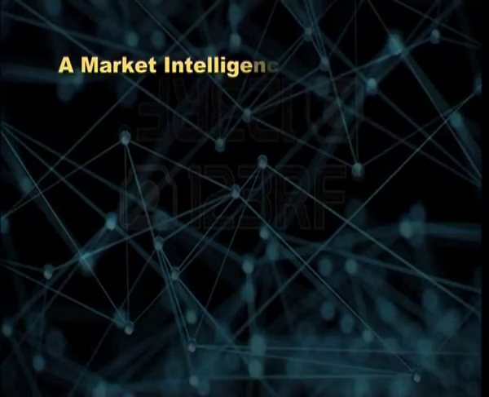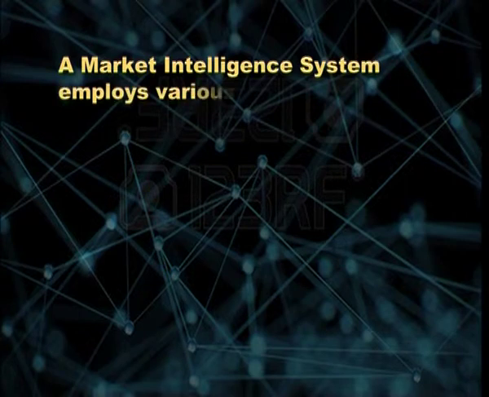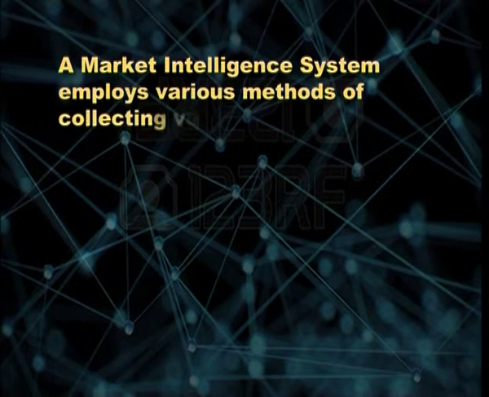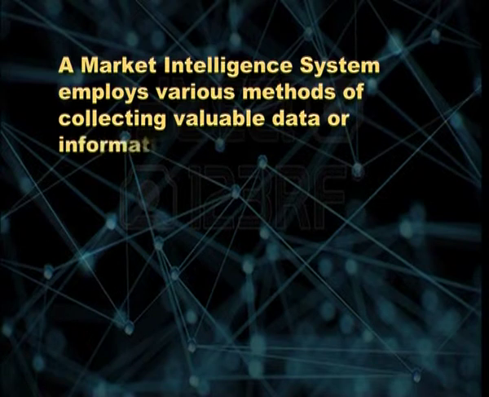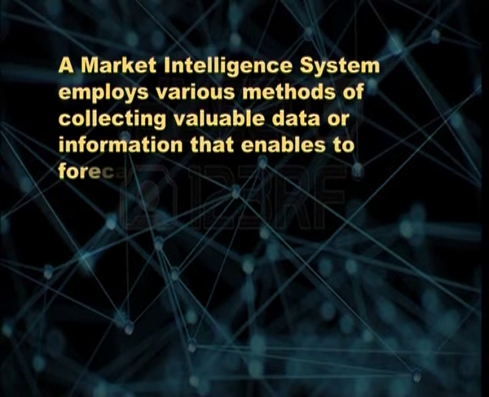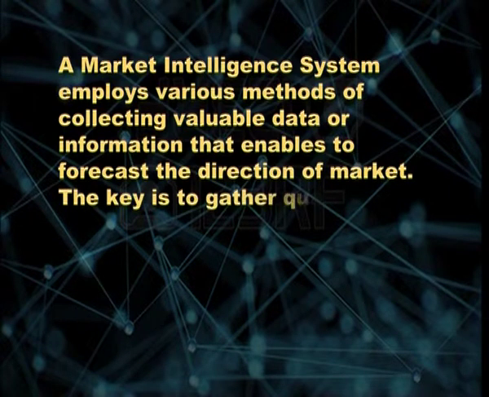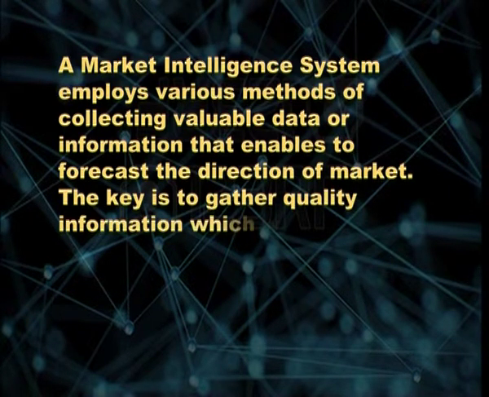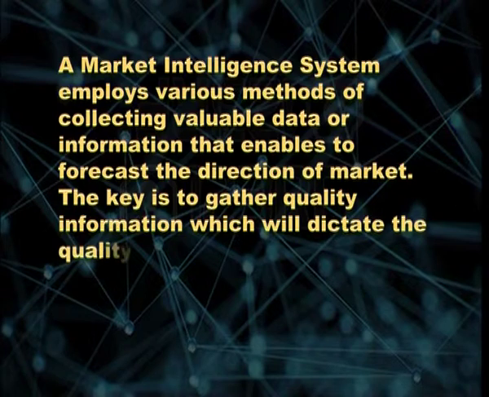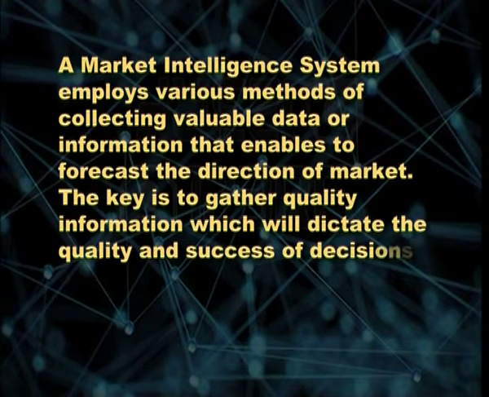A market intelligence system employs various methods of collecting valuable data or information that enables it to forecast the direction of the market. The key is to gather quality information, which will dictate the quality and success of decisions over time.